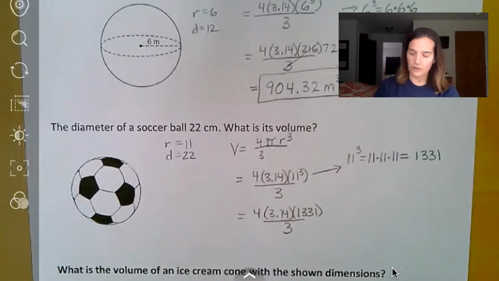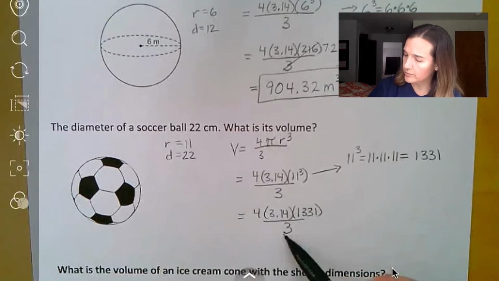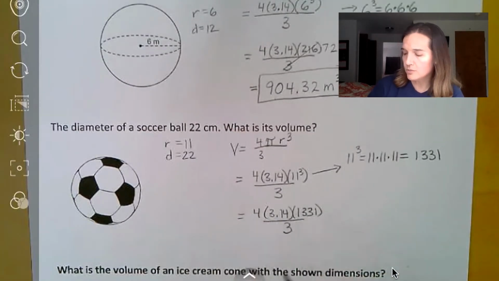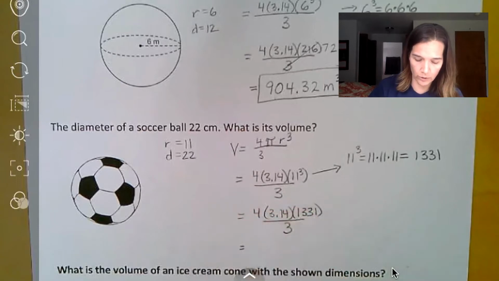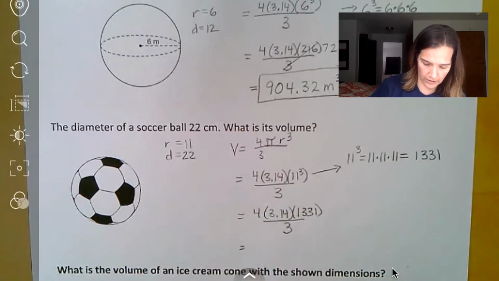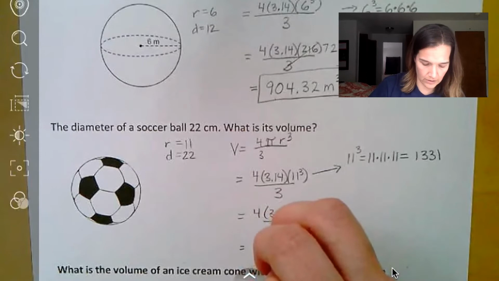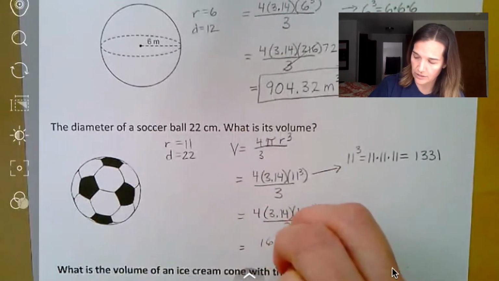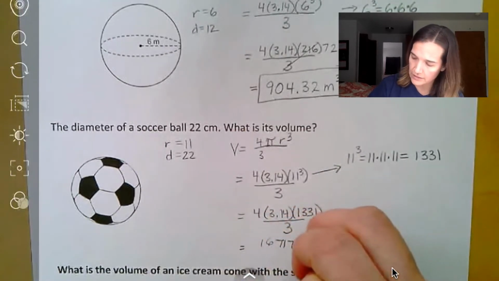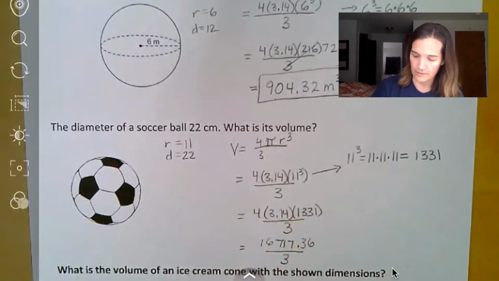And again, if you know how to divide these really quickly, great. Otherwise, just multiply straight across the numerator. You should end up with 16,717.36 divided by 3.